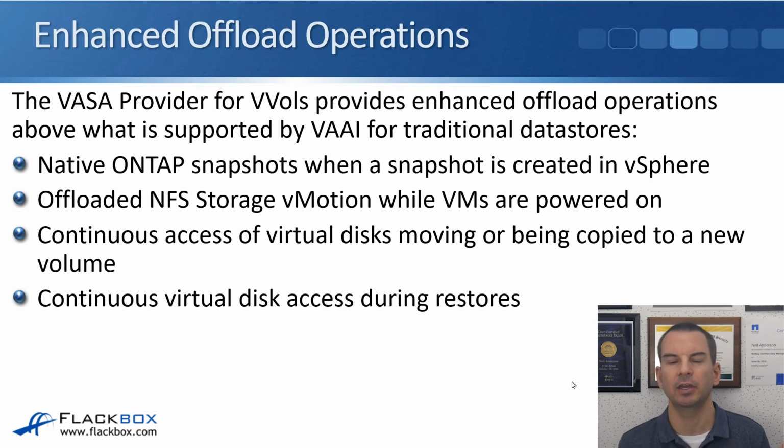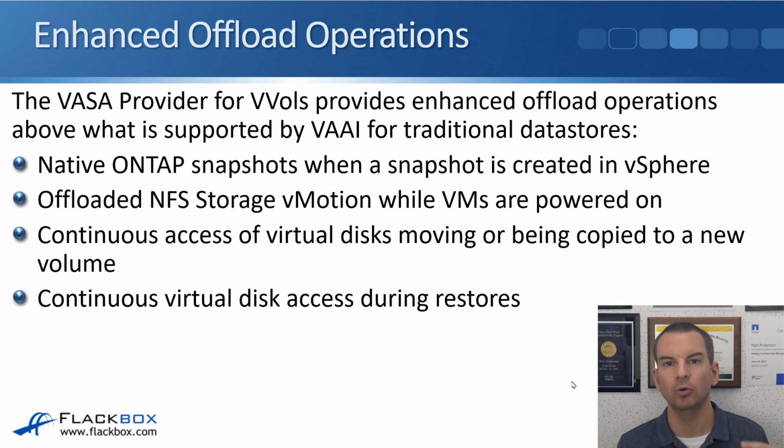So you get that additional granularity. The other benefit that you get with your VVol Datastores is enhanced offload operations. The VASA provider for VVols provides enhanced offload operations above what is supported by VAAI for traditional data stores. The things that it supports are native ONTAP snapshots when a snapshot is created in vSphere.